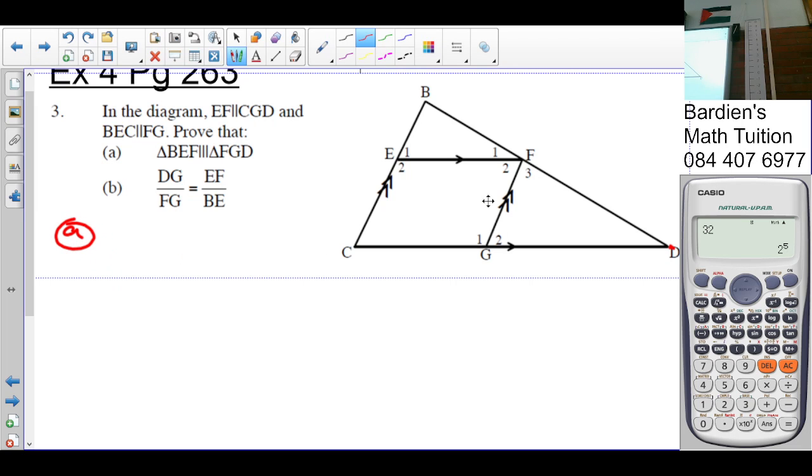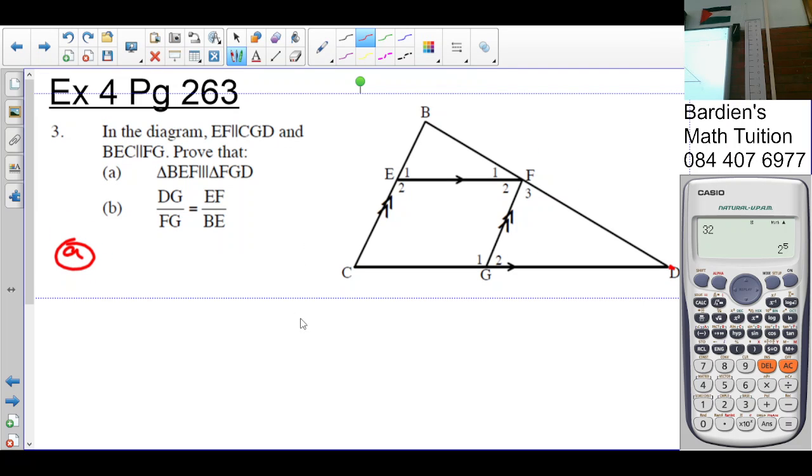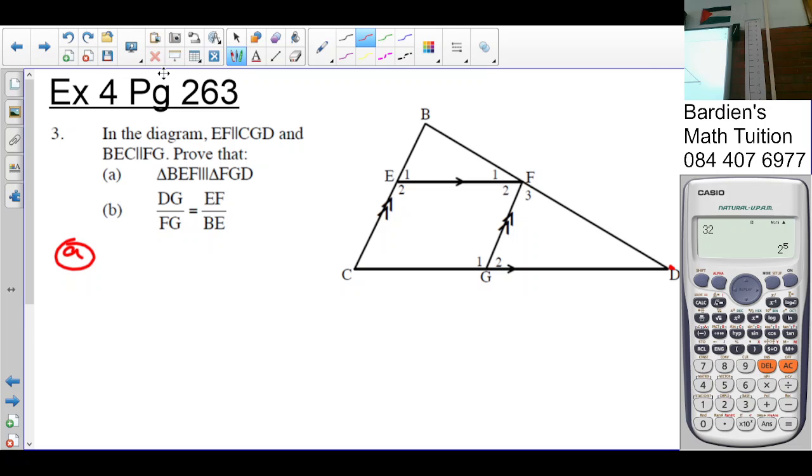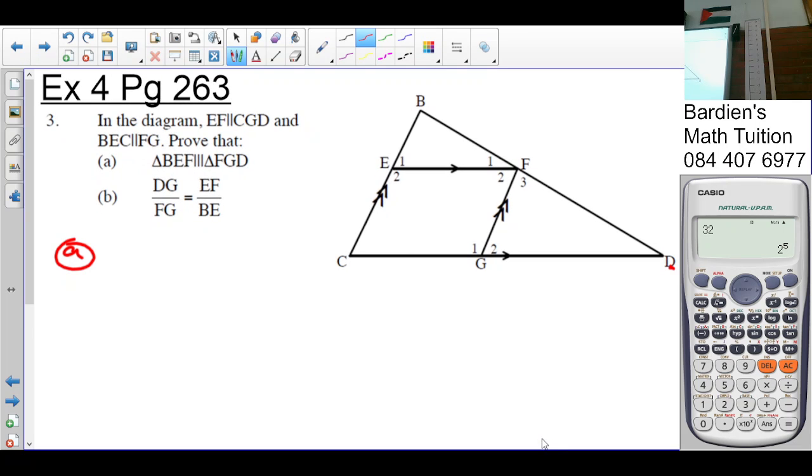So how do we start this off? We say in triangle BEF and triangle FGD. You cannot say triangle BEF is, instead of saying and, you say similar.